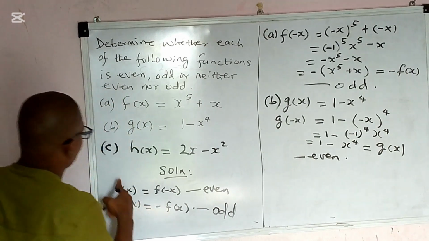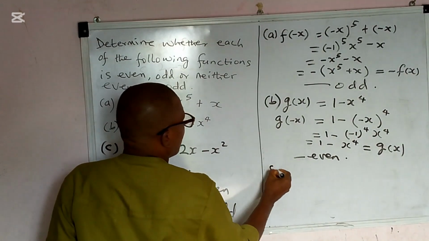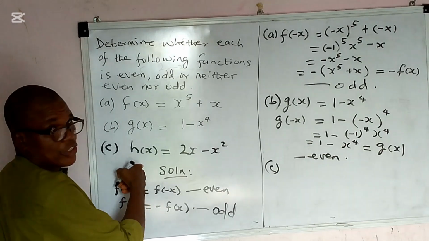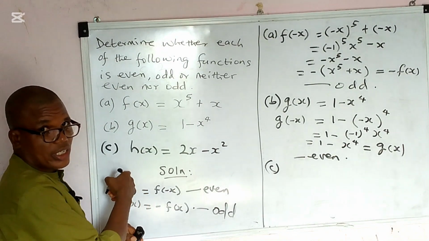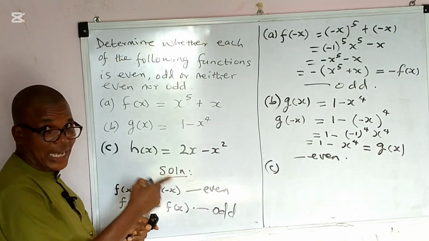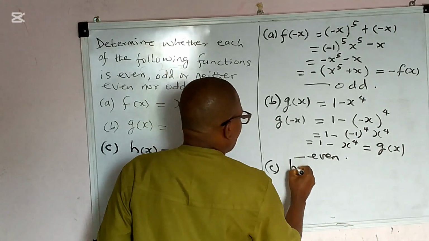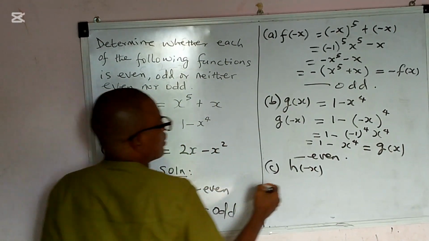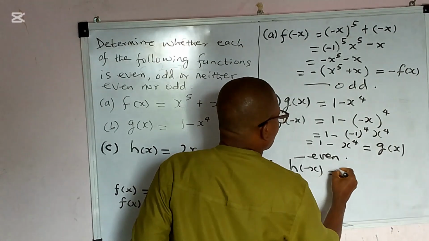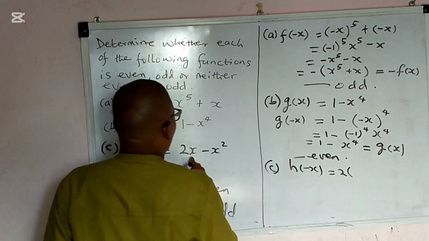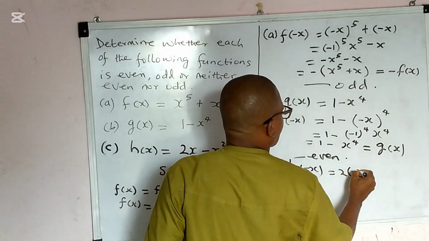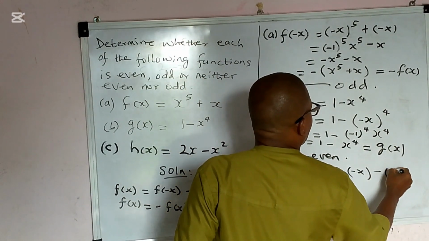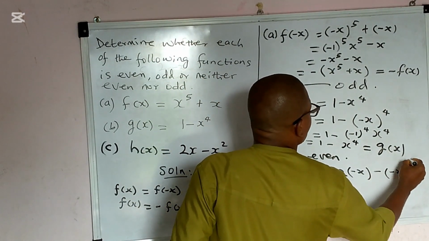Lastly, we look at number 3 or part c, which says that we should determine whether this function h is even, odd, or neither. So let's have h of minus x. H of x is this, so h of minus x will be equal to 2 into minus x, minus minus x to power 2.